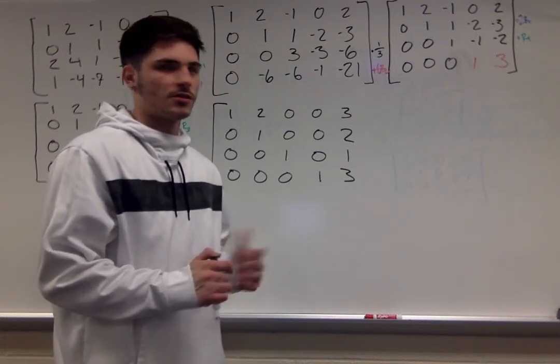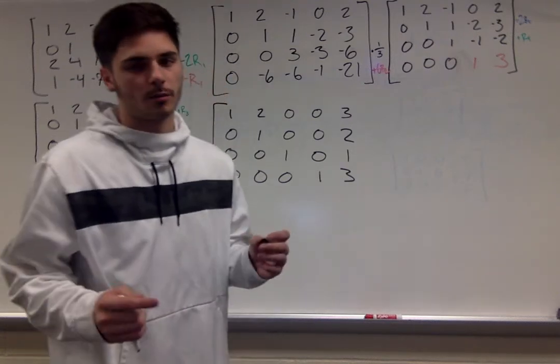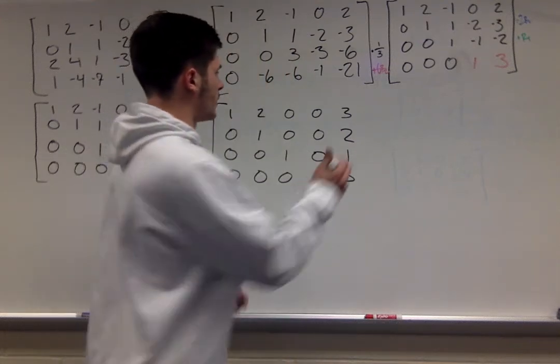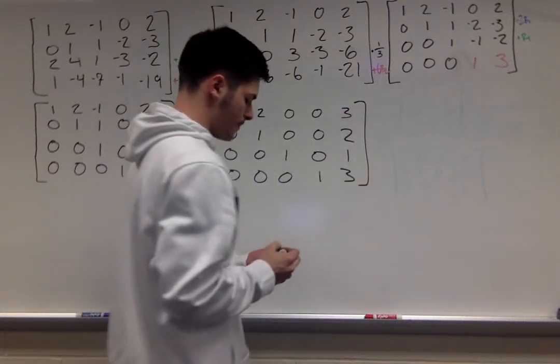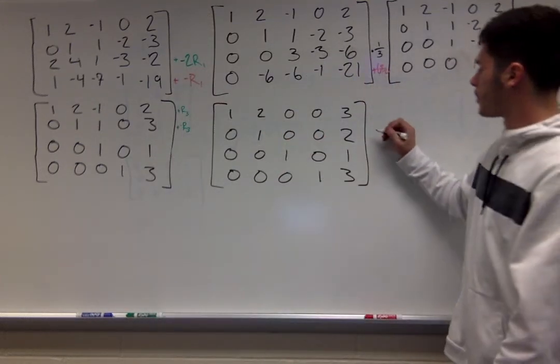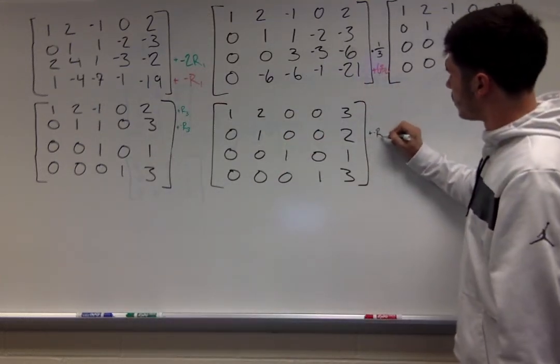But what that means is that we're getting very close to isolating each variable and knowing exactly what each one is. So our last step here, after I close this matrix up, is to get rid of this 2. How are we going to do that? We're going to add negative R2.